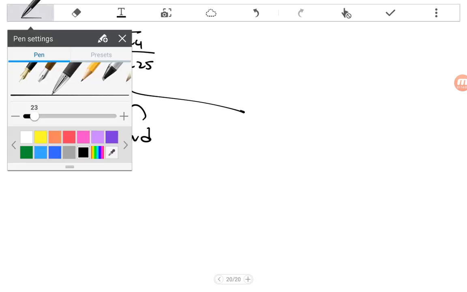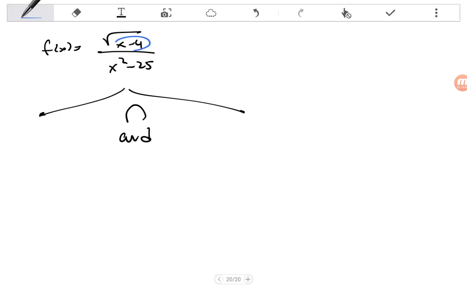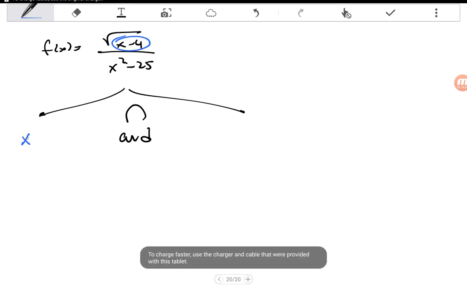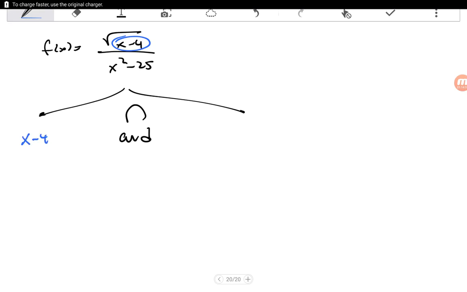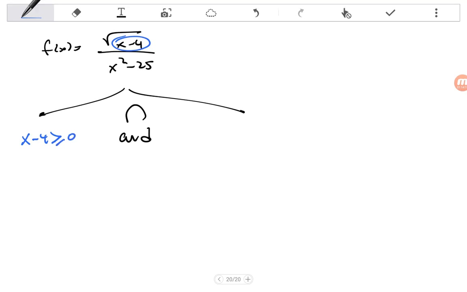The first condition, or the first restriction, comes from the root, which says that I need to satisfy that x minus 4 is greater than or equal to 0. The second restriction is I need that x squared minus 25 is not equal to 0. So these are the two conditions that I need to be satisfied simultaneously.